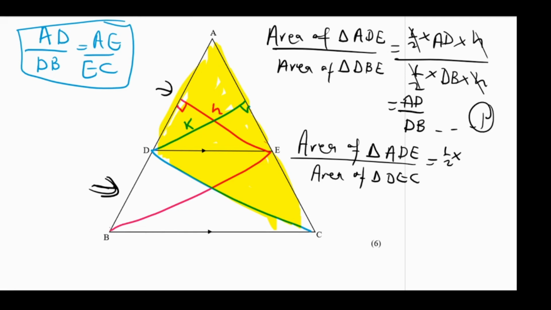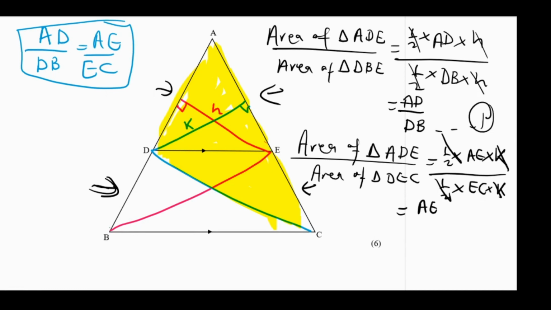It's half multiplied by the base, this side here of AE, multiplied by the perpendicular height, which is K, divided by half multiplied by the base here, EC, multiplied by our perpendicular height, which is K. So this goes away, so you remain with AE over EC. So this is number 2.